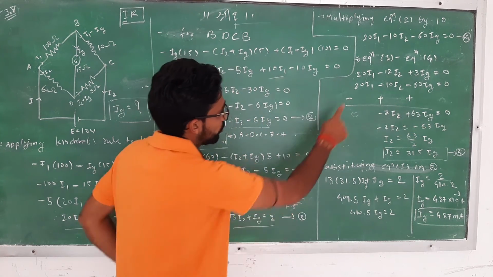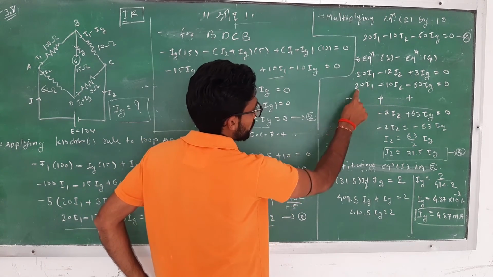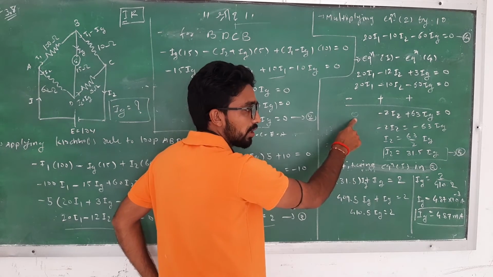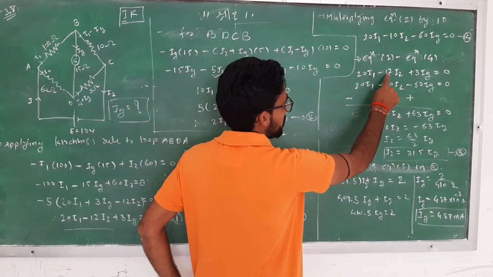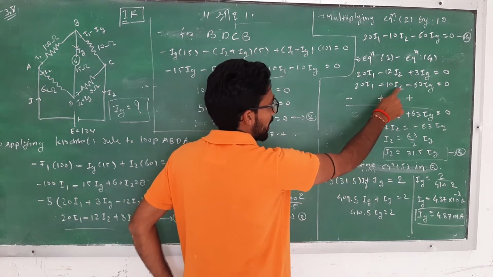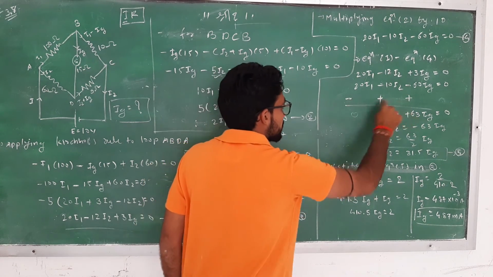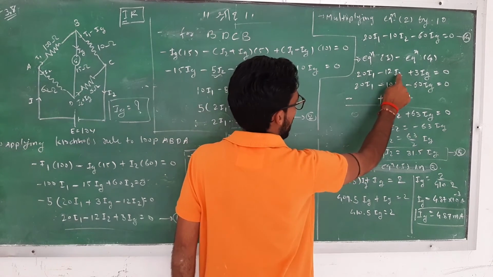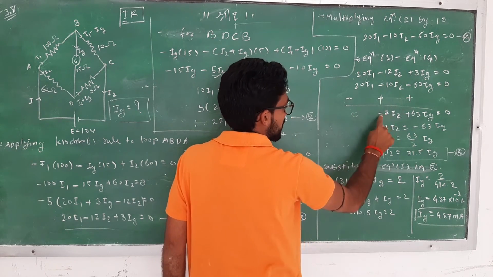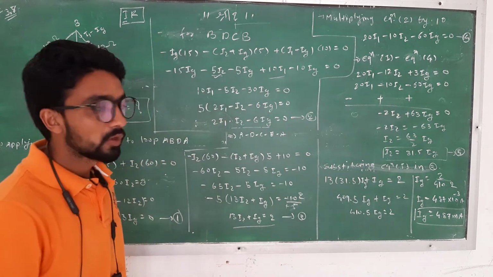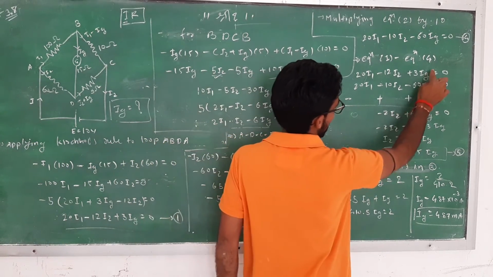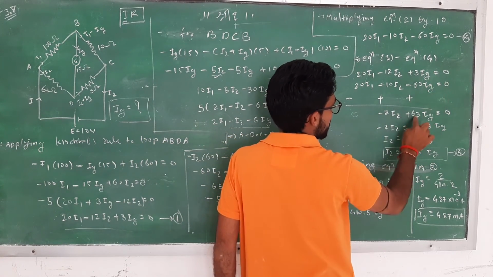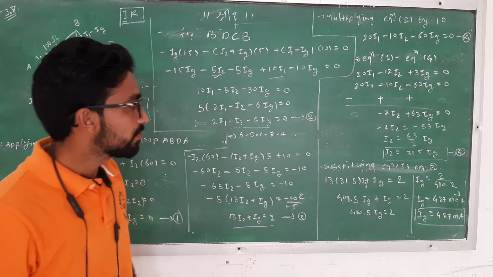So now 20I1 minus 20I1, that is 0. Cancel out. Then minus 12I2 plus 10I2. Now consider this sign, because here it is subtraction. So minus 12I2 plus 10I2, that is minus 2I2. Then plus 3IC plus 16IC, that is 19IC is equal to 0.